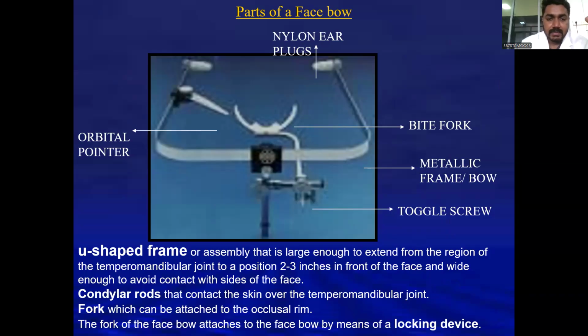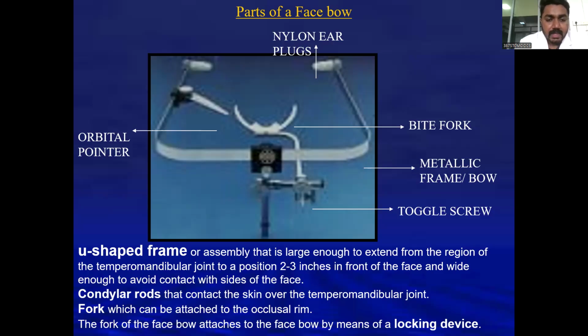In this articulator, the Hanau Wide-Vue articulator, this spring bow facebow is used. It has a U-shaped frame or assembly that is large enough to extend from the region of the temporomandibular joint to a position 2 to 3 inches in front of the face and wide enough to avoid contact with the sides of the face.